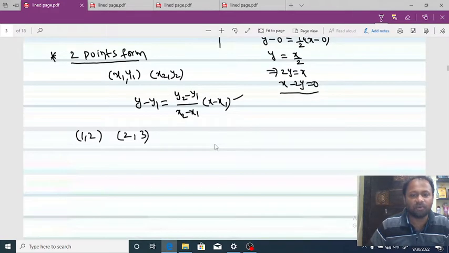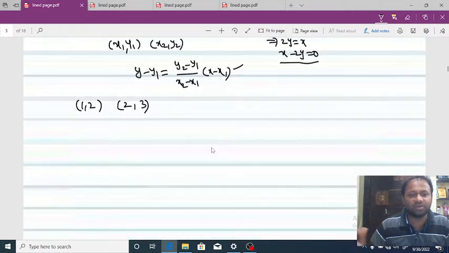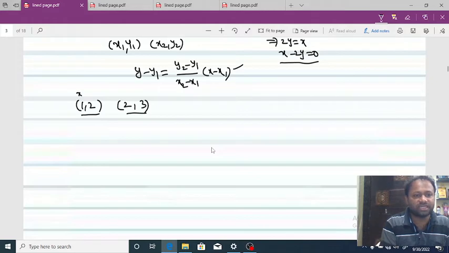Suppose 2 points are given. Whenever 2 points are given, let us check. This is one point, this is another point. Here, the first one is x1, y1, and this is x2 as well as y2. What is the equation? You have the formula.